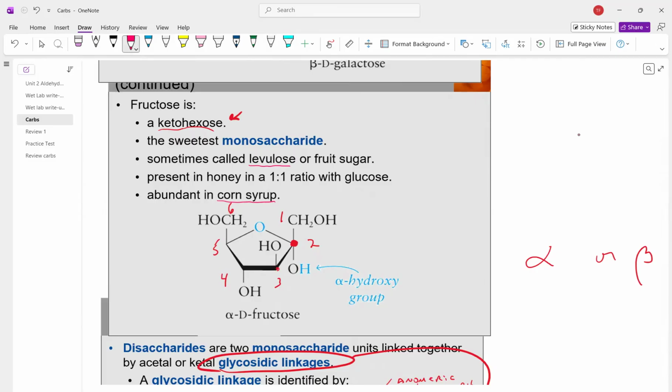If it goes up, let me draw it in the beta condition. So this would be beta fructose.